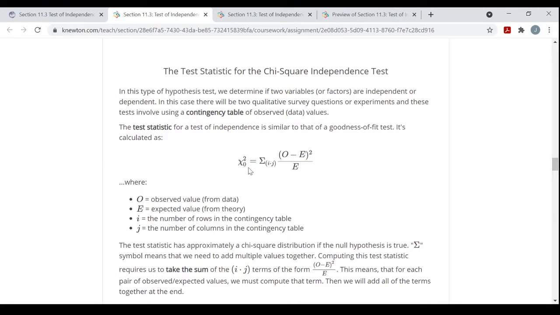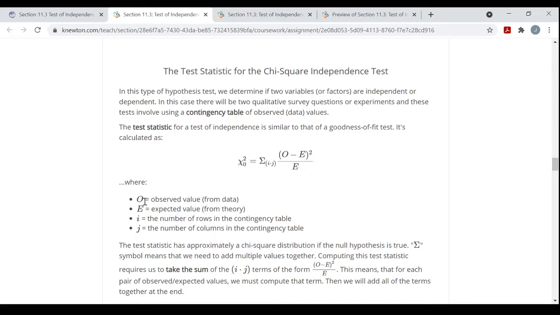Your chi-squared sub 0 is a sum, and you see the sigma here, you're adding. Notice they have I and j there. This I times j tells me how many terms are in the sum. Every term of the sum is some observed number minus some expected number, squared, divided by the expected number.